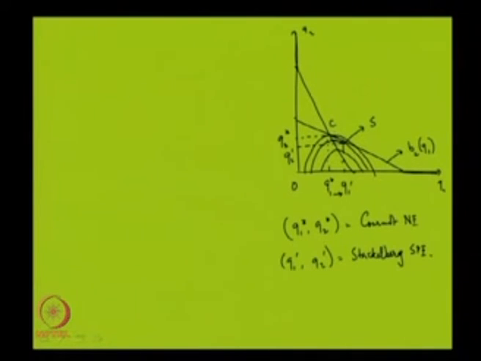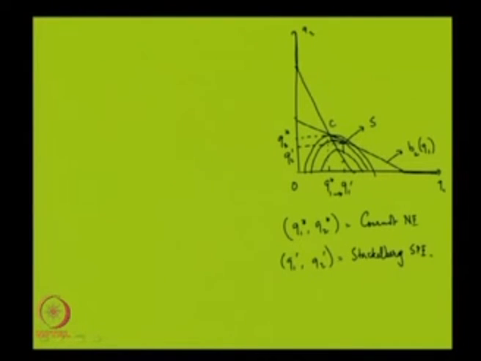Similarly, if I had drawn the isoprofit curves of firm 2, which I am not doing because it will be very messy, I can see that the isoprofit curve of firm 2 which passes through S is further away from the vertical axis than the isoprofit curve which passes through C. So, at S firm 2 is earning less profit than it was earning in the Cournot-Nash equilibrium.